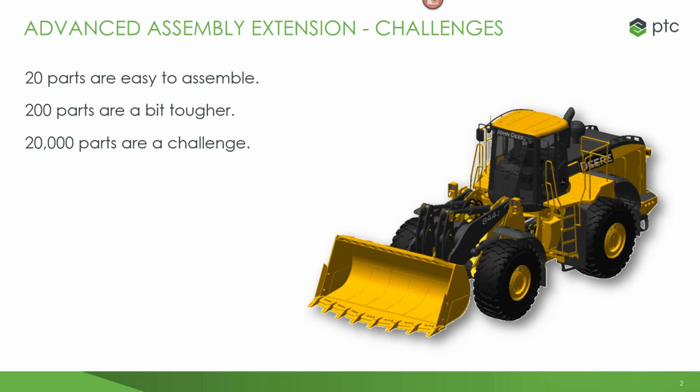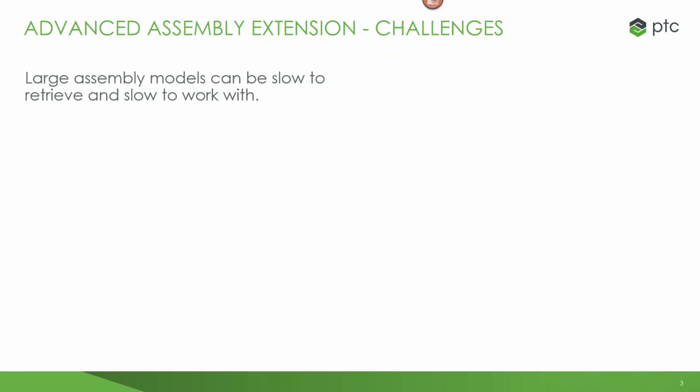If you jump up to the thousands, like John Deere, one of our main customers, they're creating assemblies that are 20,000 parts. Without utilizing the design intent of top-down design and things like Advanced Assembly, creating these assemblies could be absolutely enormous and just a giant headache.